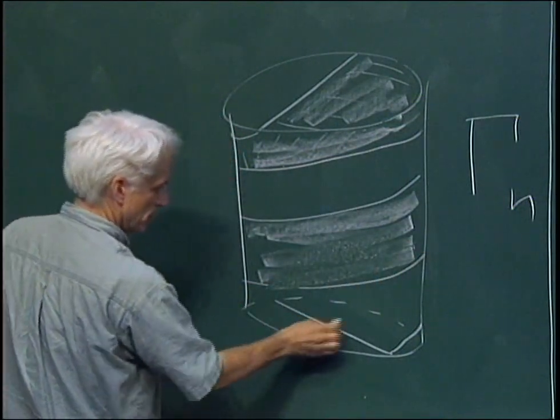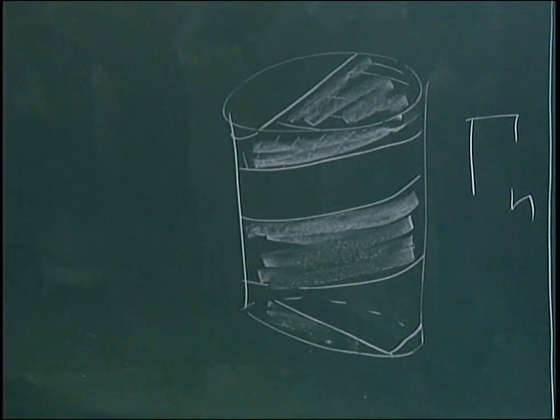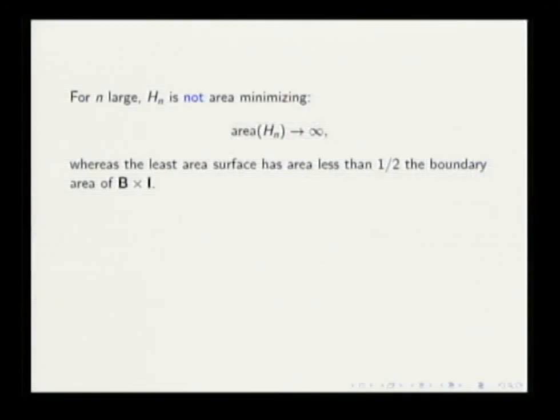One piece looks like a half disk on top, a half disk on bottom, and then kind of a ribbon going from top to bottom. The area minimizing disk has less area than this disk. So as n goes to infinity, the area minimizing disk has small area, whereas Hn has huge area. So Hn is definitely not area minimizing.